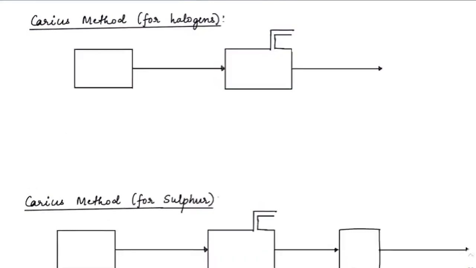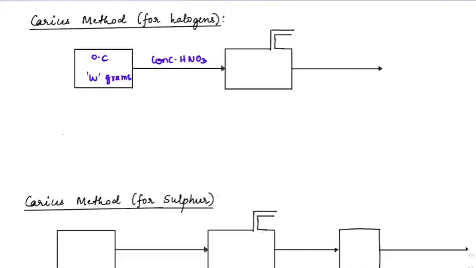In the Carius method, we take an organic compound of, let's say, W grams. I treat that with concentrated H2SO4 and concentrated HNO3. Remember that concentrated HNO3 and concentrated H2SO4 both act as oxidizing agents.